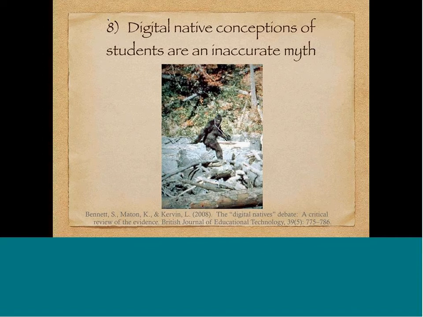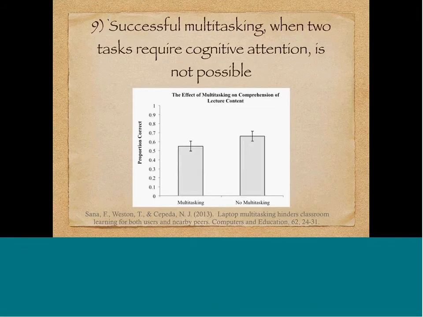And one of the key elements of digital native conceptions is this idea of today's students as multitaskers. What research really shows is that successful multitasking, when two tasks require cognitive attention, is simply not possible.